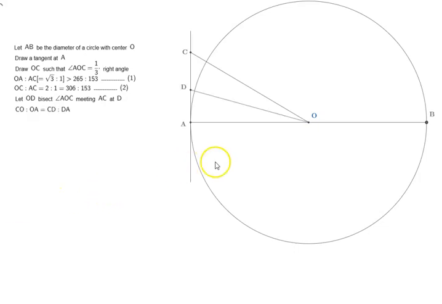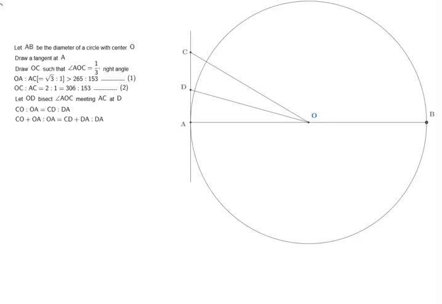From Euclid's Book 6, proposition 3, we know that if a line bisects an angle of a triangle, then the sides above the angle are proportional to the bases. So that is how CO is to OA is equal to CD is to AD.